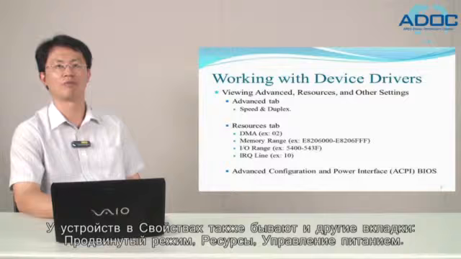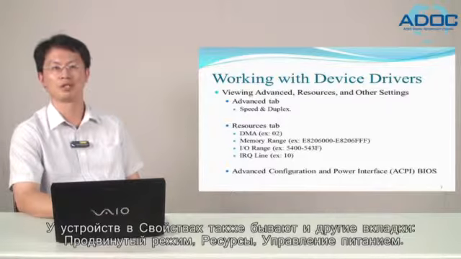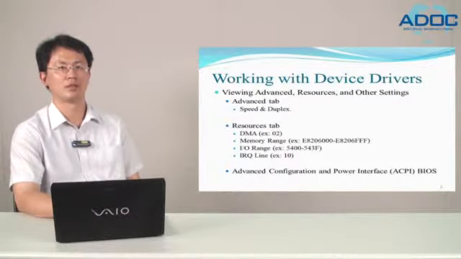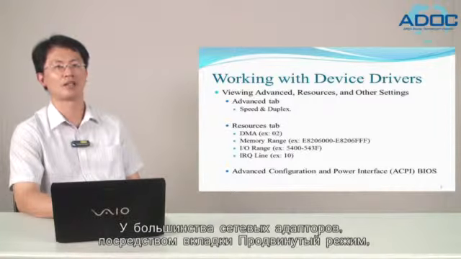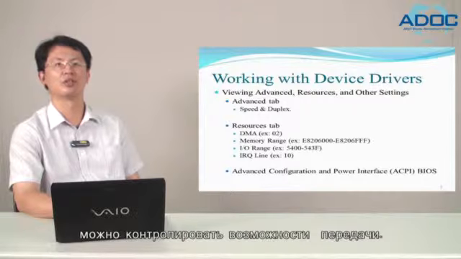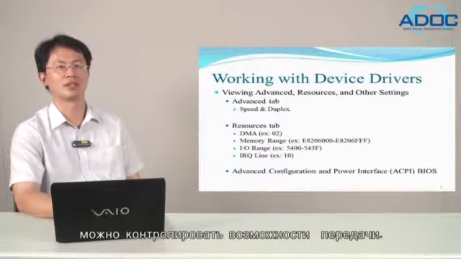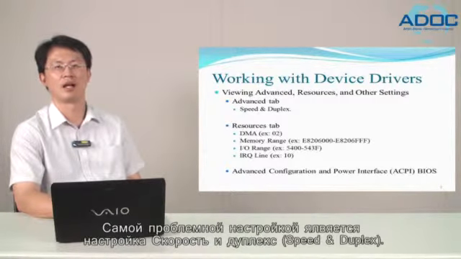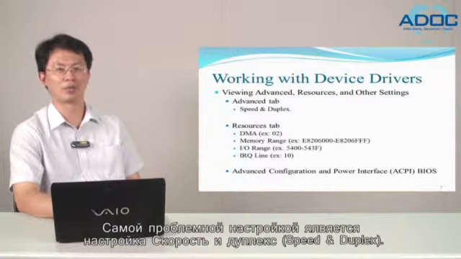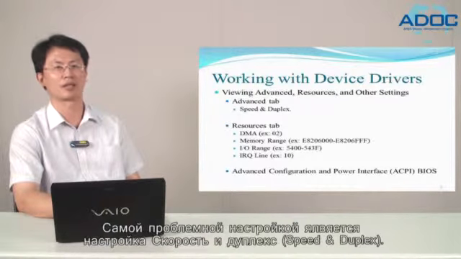And devices often have other tabs, such as Advanced, Resources, and Power Management. Most network adapters have an Advanced tab, and these options can control transmission options, and the setting that causes the most problems is speed and duplex.